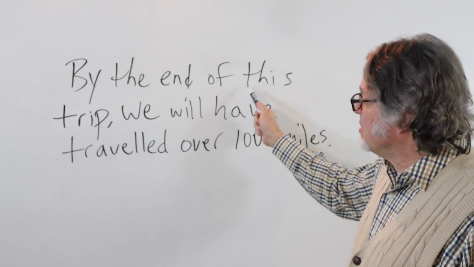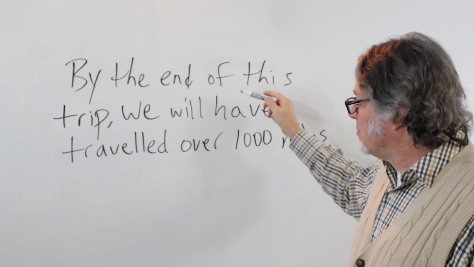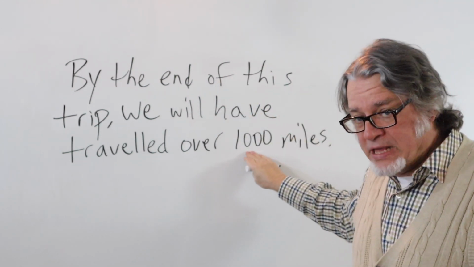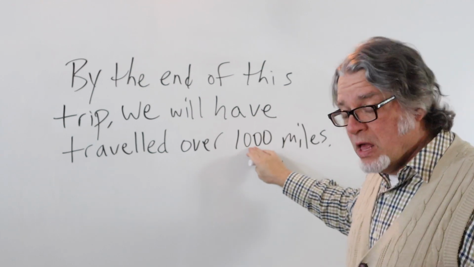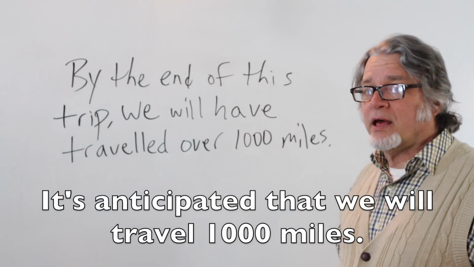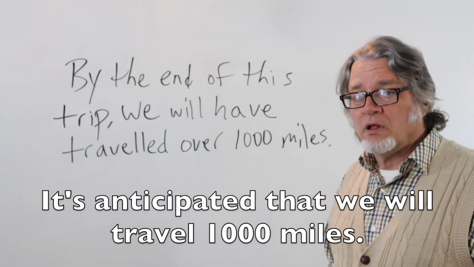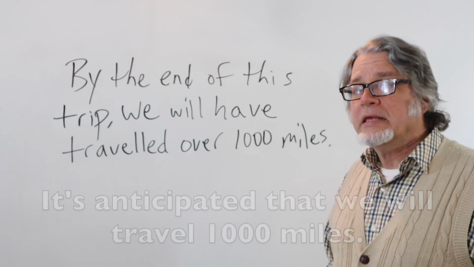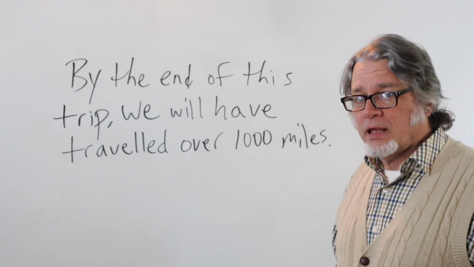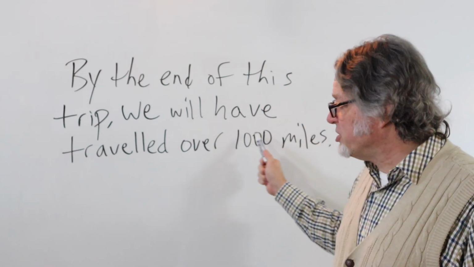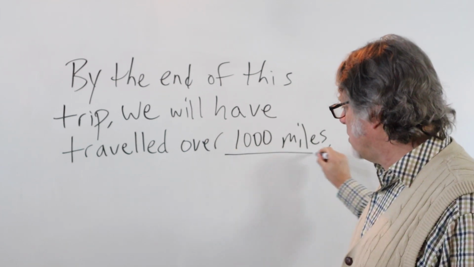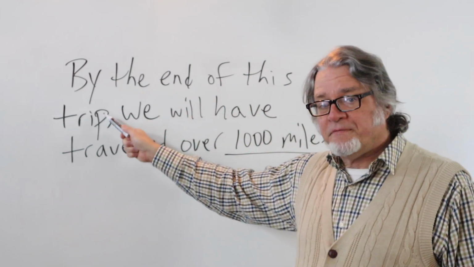So the trip is still happening, and we haven't traveled 1,000 miles yet, but we will. It's anticipated that we will travel 1,000 miles in the future. And this goal will be finished by the end of the trip.